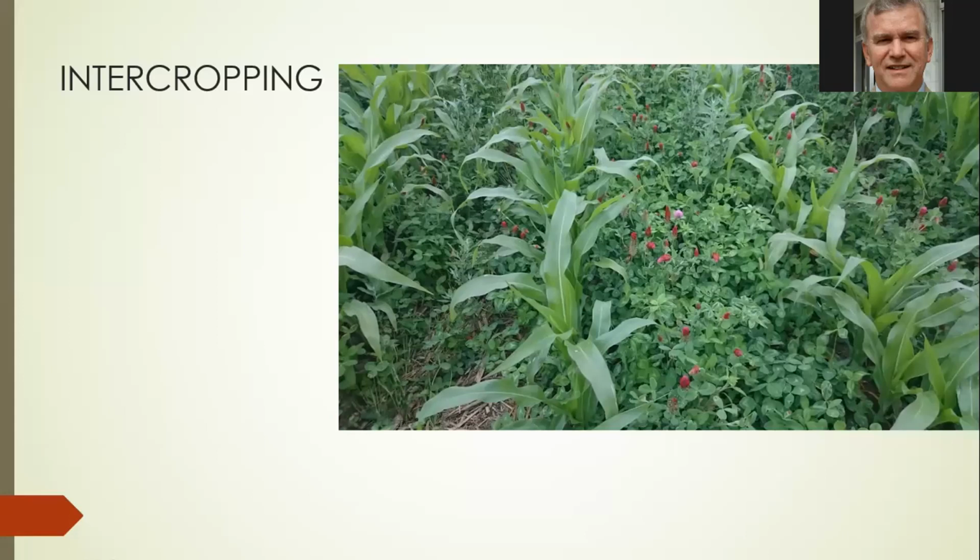In this case, you'll see a legume, looks like red clovers, and corn. Looks like 2 types of legumes planted there. In any case, after the corn is harvested, the legume is incorporated into the soil. So you're growing a cash grain crop and a soil improvement crop simultaneously. That's intercropping.